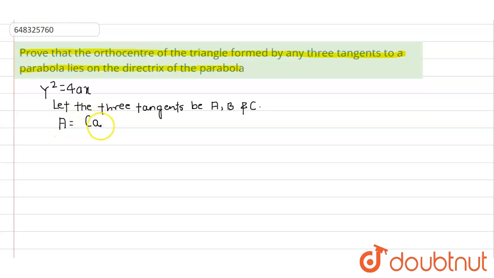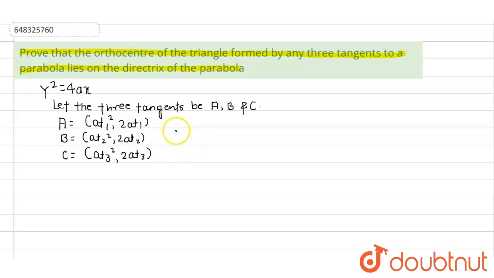The parametric form of this tangent is (at1², 2at1). Similarly, the equation of tangent 2 will be (at2², 2at2). C will be given by (at3², 2at3). Okay, so these are our three tangents.